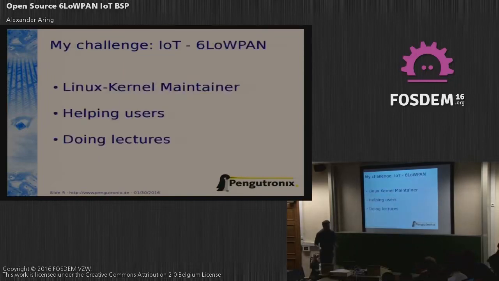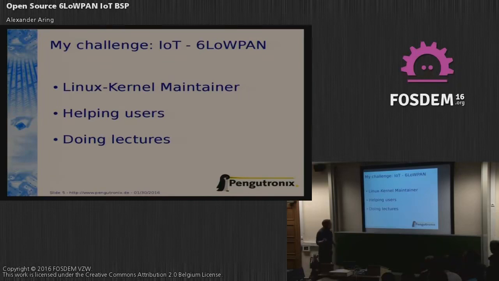My personal challenge at Penguintronix is IoT 6LoWPAN. I'm the Linux kernel maintainer for the 6LoWPAN branch inside the Linux kernel, and my tasks are managing patches, review, and talking about future plans. I also did the last FOSDEM talks about my 6LoWPAN stuff inside the kernel.